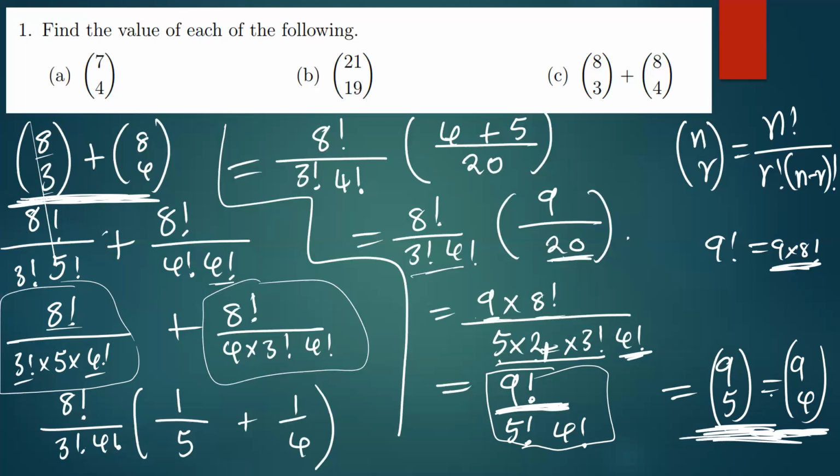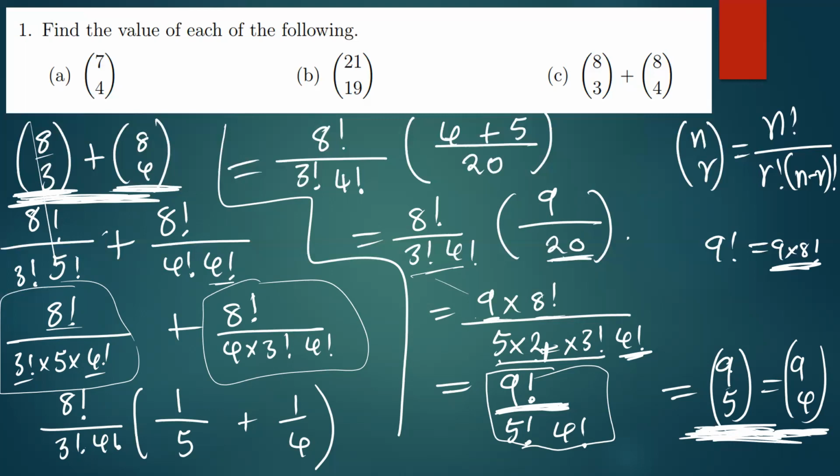But if the question is asking you to find the value or to evaluate, it means that you have to find the final answer after simplifying. Or you do what I told you in the first place, that you can first find the value of this alone and also find the value of this alone, and then add the two answers. You still get the same answer.